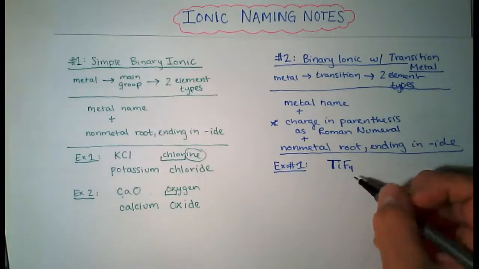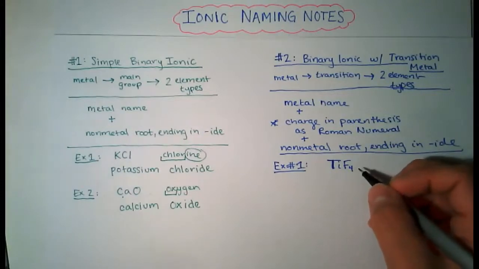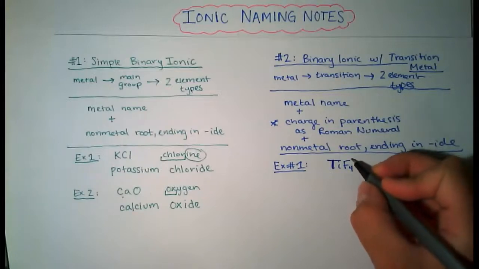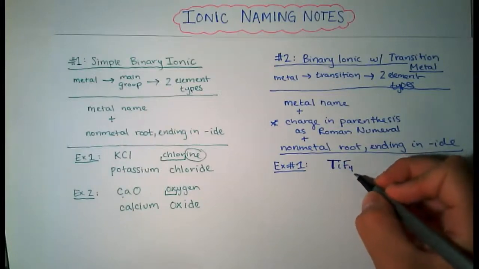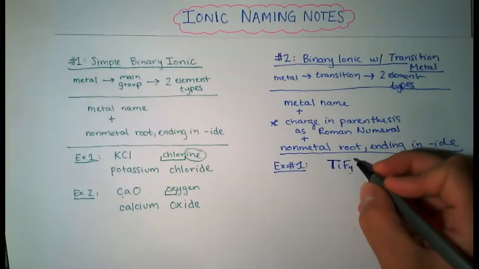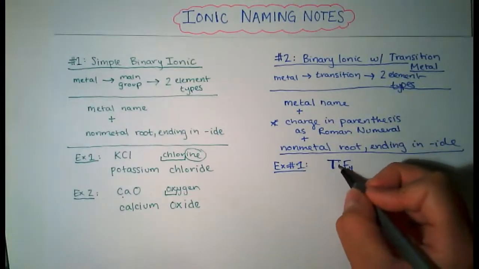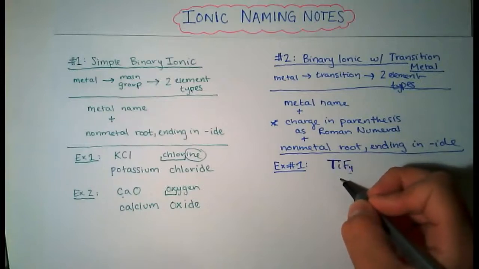So to figure this out, we kind of do our crisscross method, but backwards. We need to figure out the total amount of negative charge that exists in this compound, and then balance it with an equivalent amount of positive charge on our titanium.